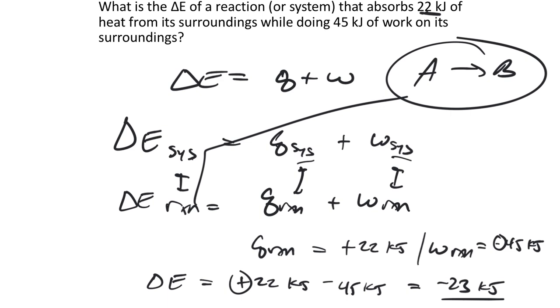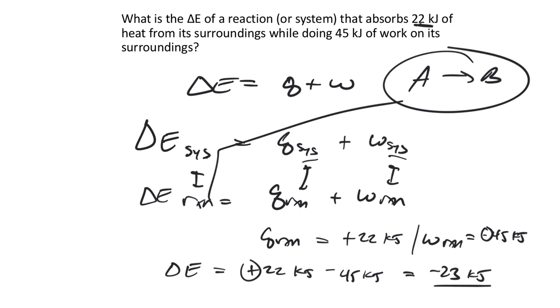So I like to think of heat outward, if we heat up the surroundings, that's heat being lost by the reaction, and work outward, moving the surroundings, is also W negative. So our Q is plus 22, our W is negative 45. We're just adding those up to get negative 23 kilojoules as our delta E.